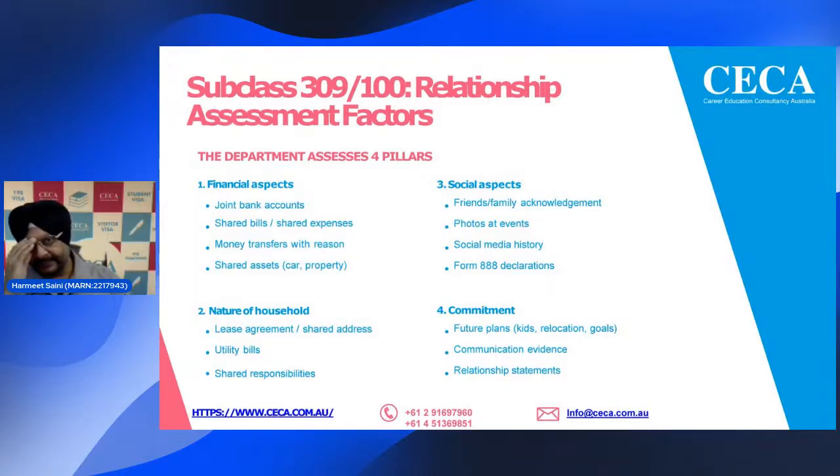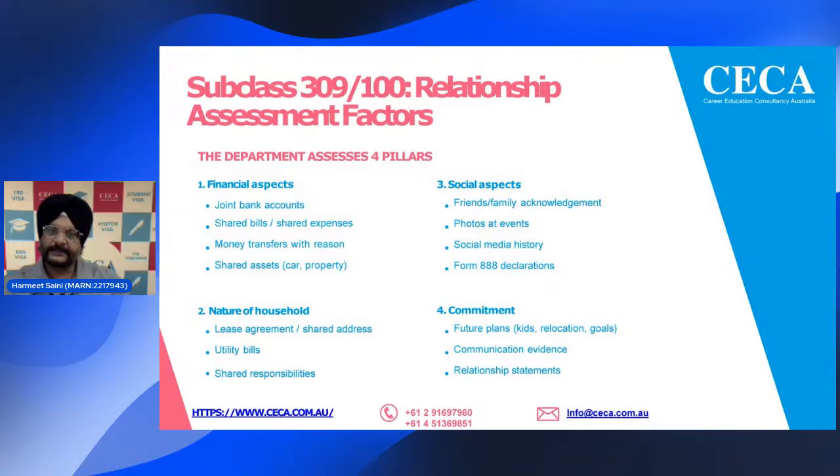The second one is the nature of household. If you have a legal agreement together, and the same address to share, utility bills at the same address, and other shared responsibilities, all these are characterized under the nature of household responsibilities.